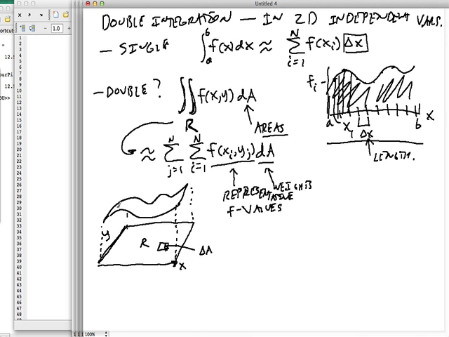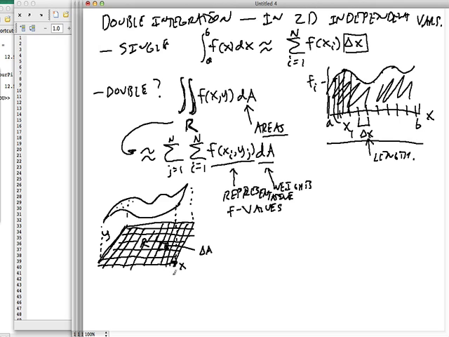The representative f values, of course, come from partitioning this entire rectangle into a bunch of little patches. Our delta A is just one of our patches, and we're going to have quite a few of them.